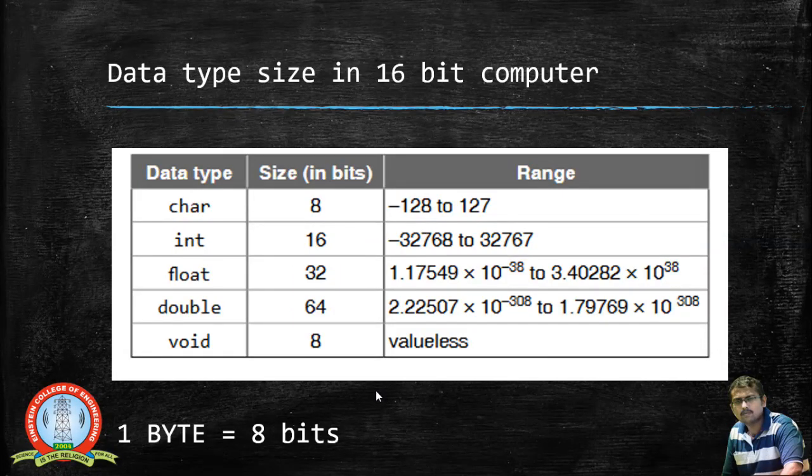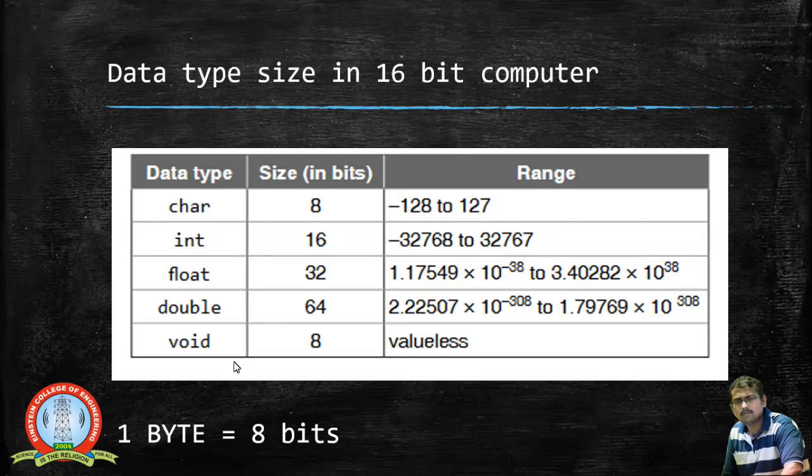Now while we were discussing in the class, there were some questions about the size of the data types, whether it varies with the different bits of the computer or it is actually the same. Sometimes the size of the data type varies with respect to the computer.